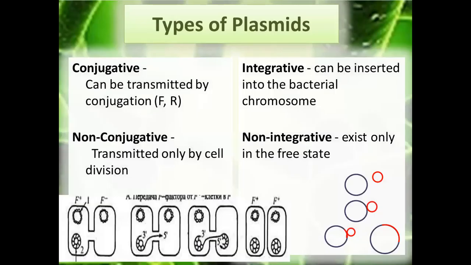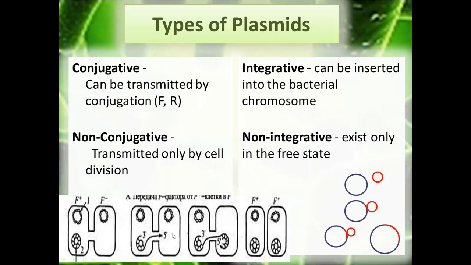In their properties, plasmids may be conjugative, so they can be transmitted from donor bacteria to recipient bacteria. The plasmid with this property is the F plasmid, plasmid of fertility, and, what is more important, the R plasmid, plasmids of resistance to antibiotics, which can be transmitted from donor cell to recipient cell.